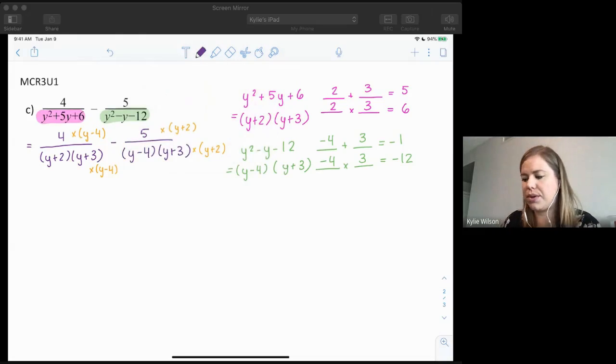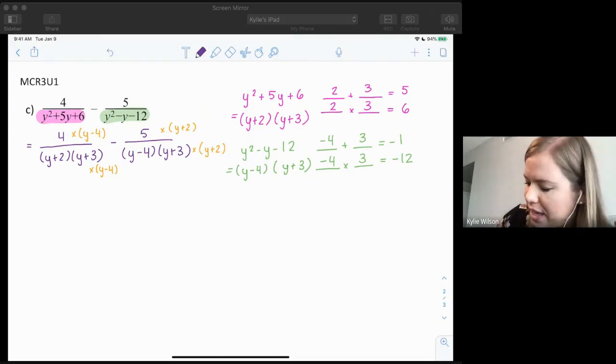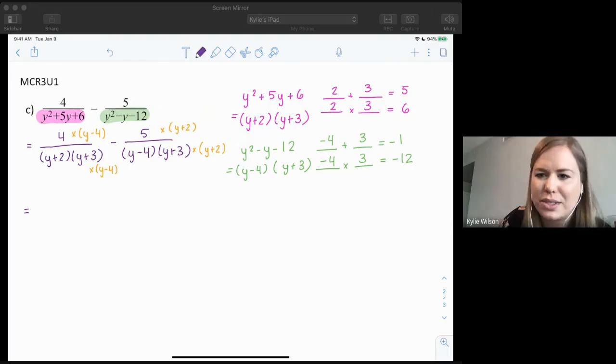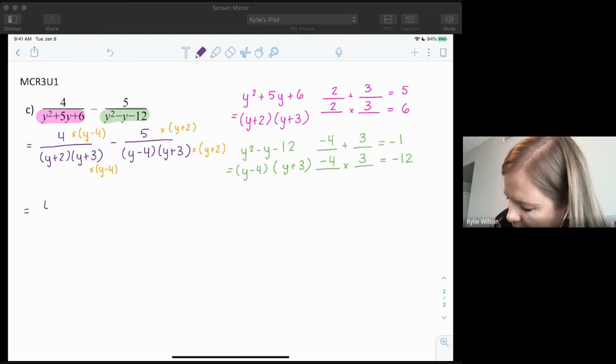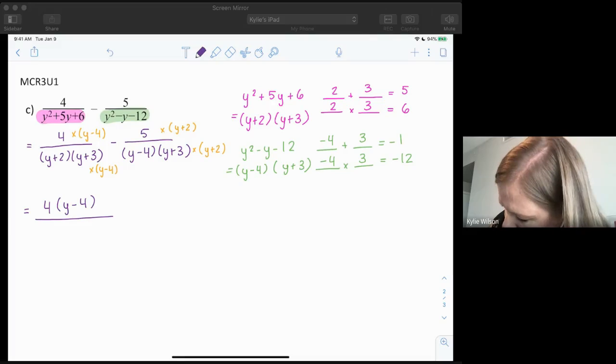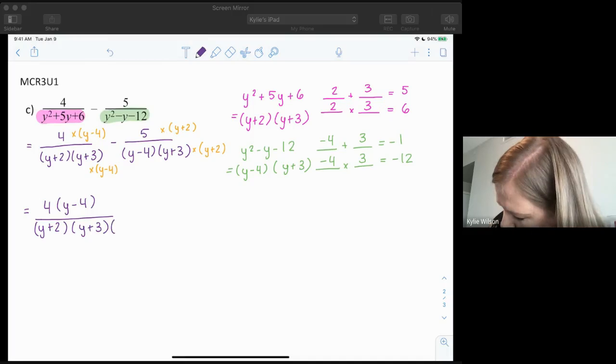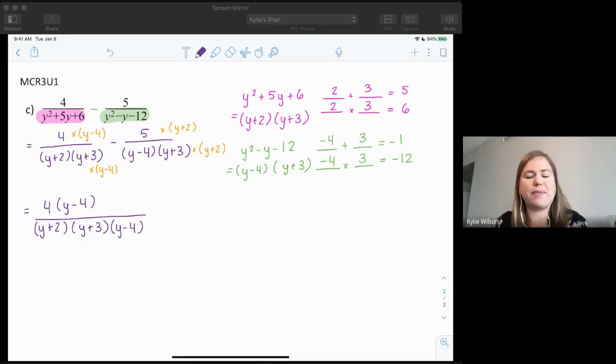So let's go through and simplify that. Then I can quickly do some restrictions. So I'll have 4, y minus 4, all over y plus 2, y plus 3, y minus 4. So I'm going to add a little intermediate step here. If you already did the subtraction, that's cool.